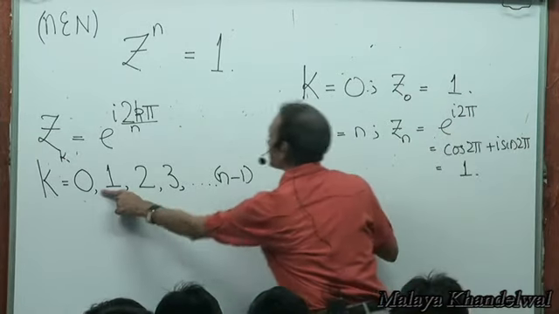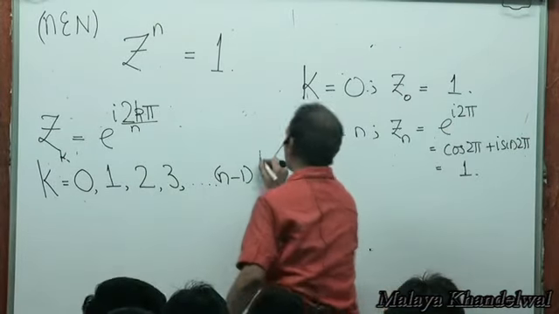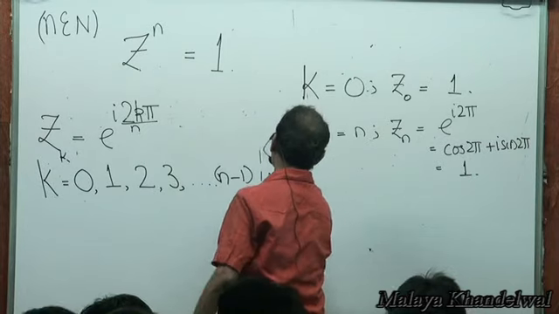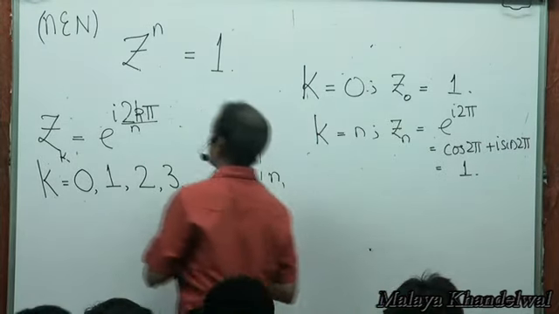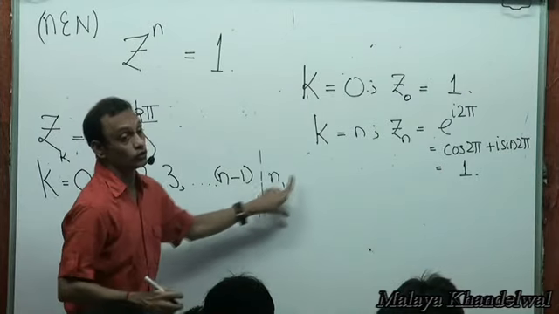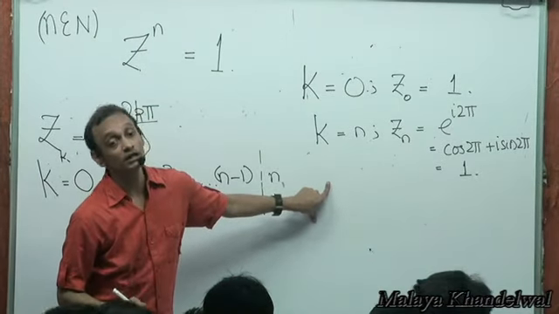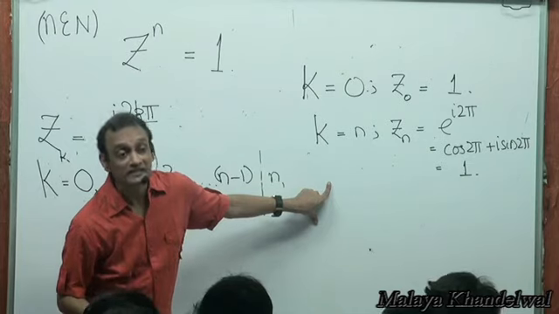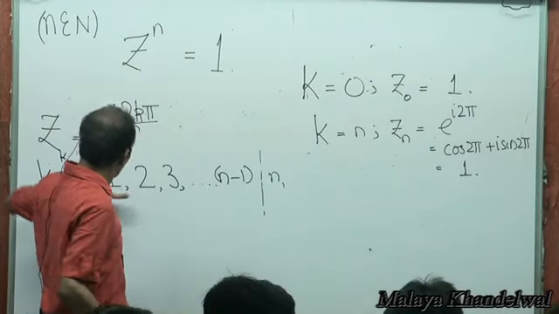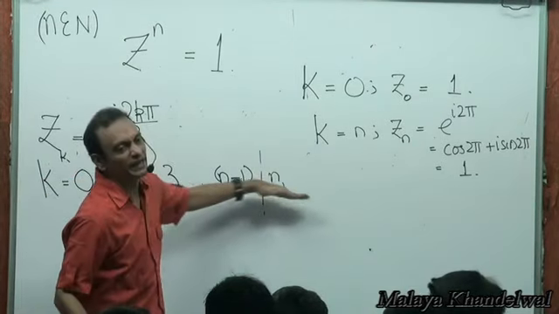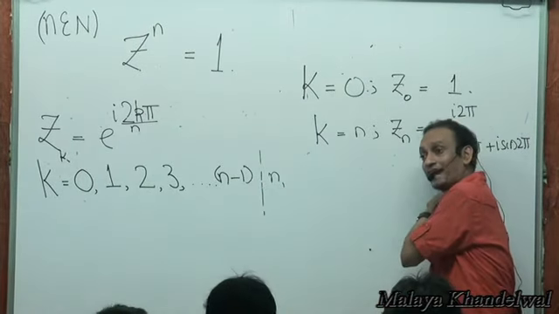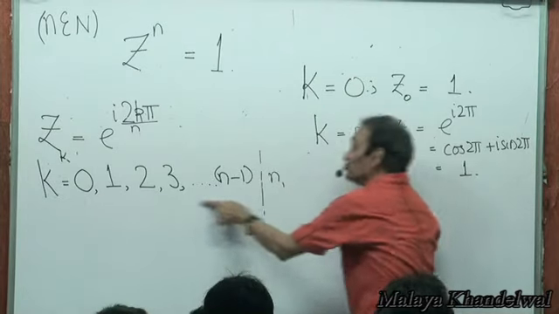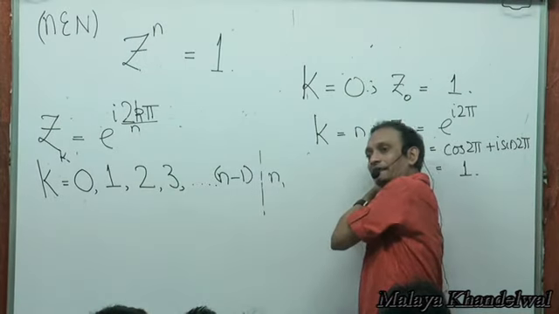So k equal to 0 and k equal to n are giving me the same value of z. Similarly, I claim that k equal to 1 and k equal to n plus 1 will give me the same value of z. So the same set of values will get replicated if I take another n consecutive values of k.